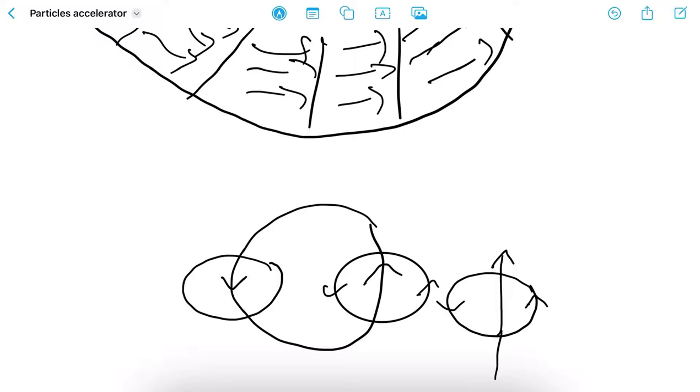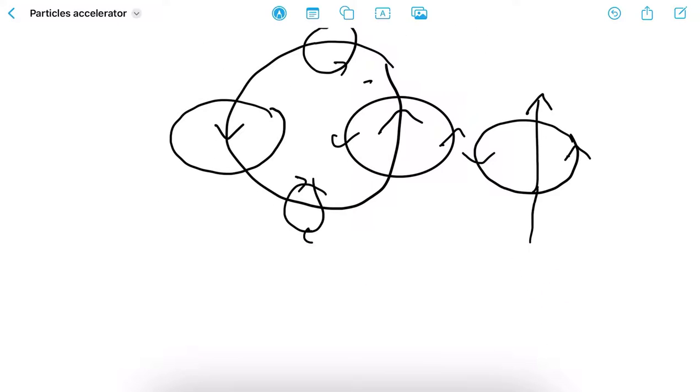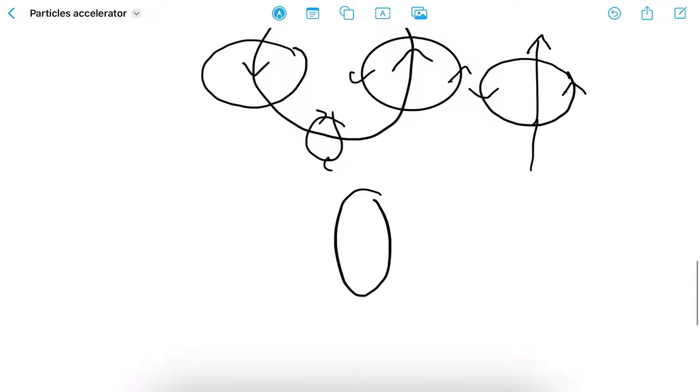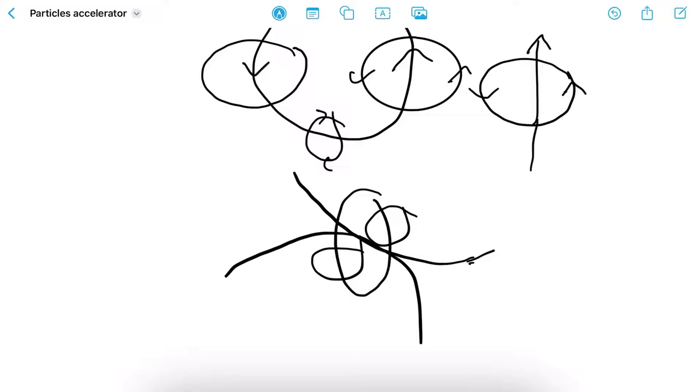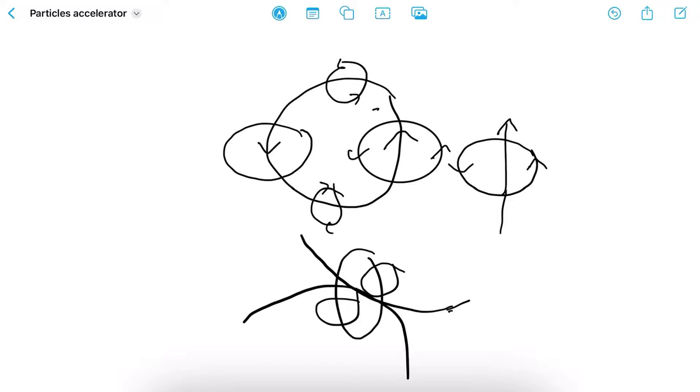So we apply that to a circular loop of currents, and if we sum all those little circular paths up, what we get is a magnetic field, which you can see as a magnetic field generated from a circular current.